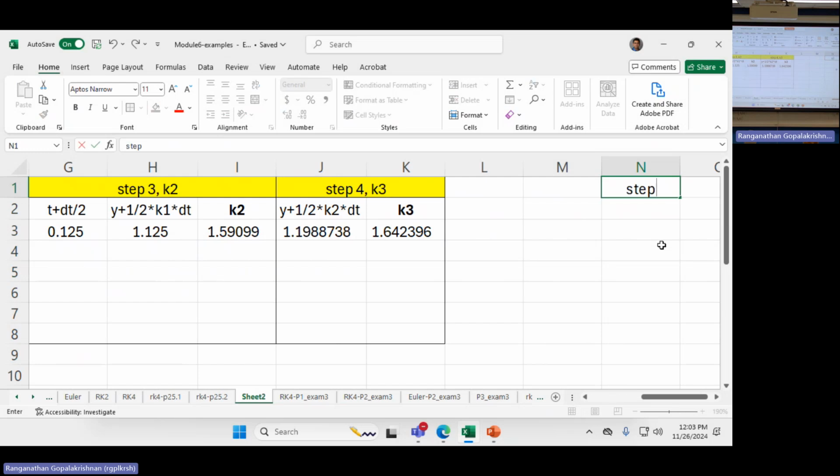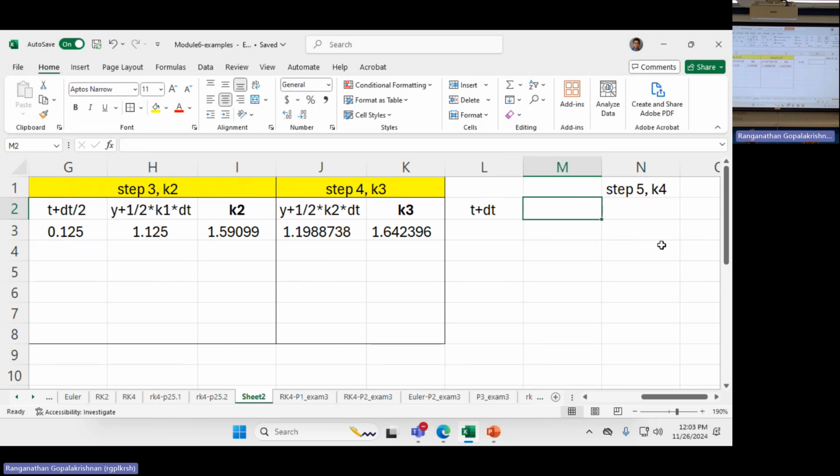So I need step 5, K4. And for that I need t plus delta t and I need y plus K3 times dt. This is just coming from the formula. I just happen to know the formula really well. Otherwise, you will need to look it up on your cheat sheet or your textbook.